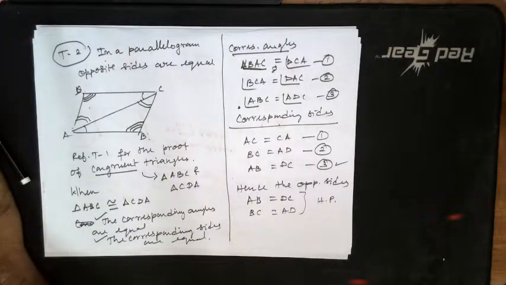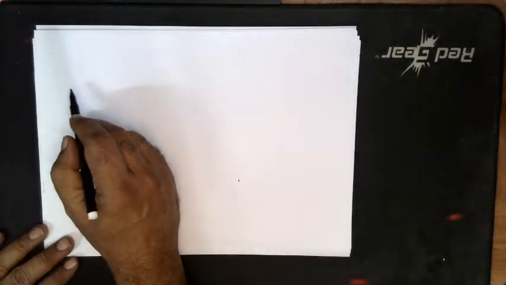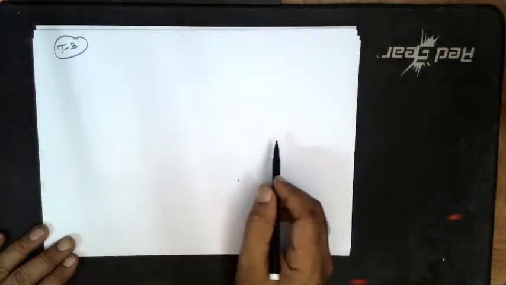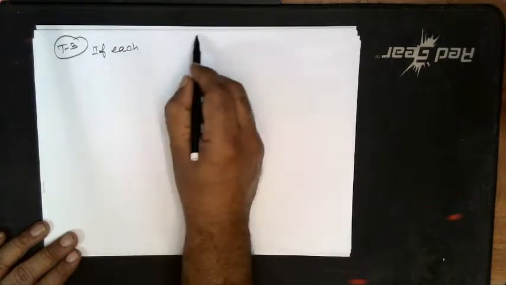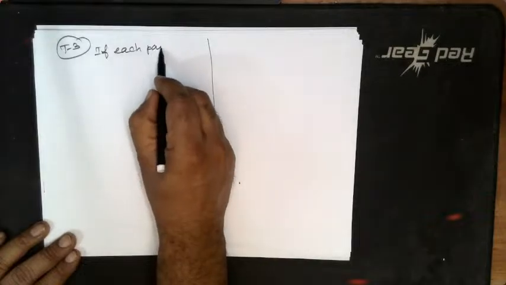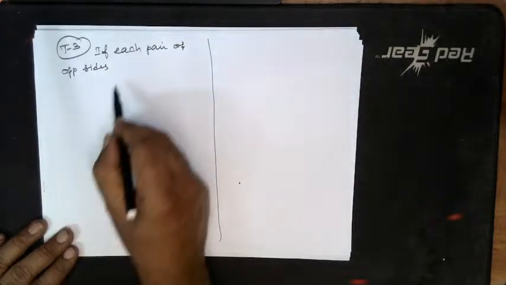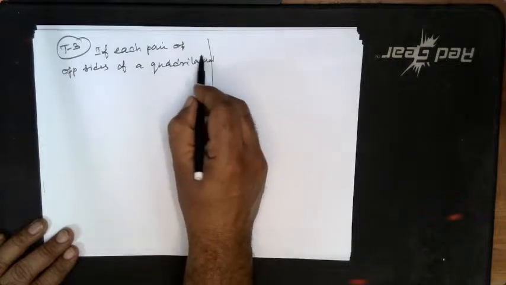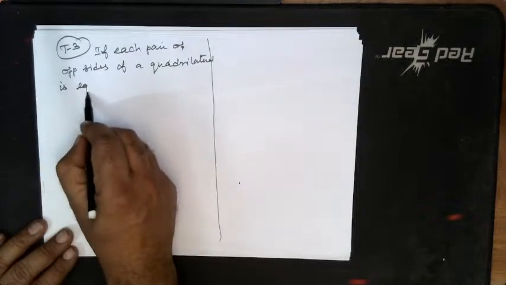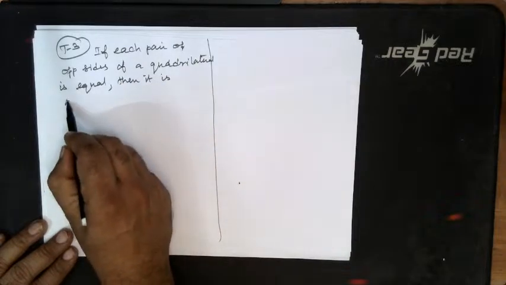Now let us move to the third theorem. If each pair of opposite sides of a quadrilateral is equal, then it is a parallelogram.